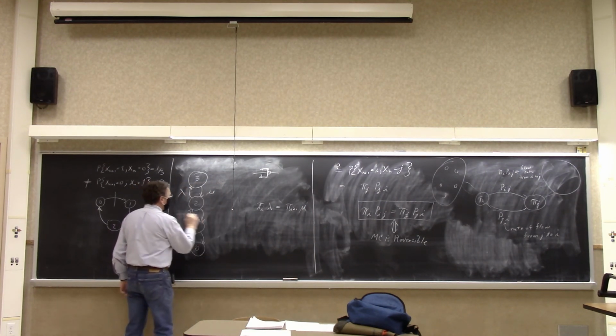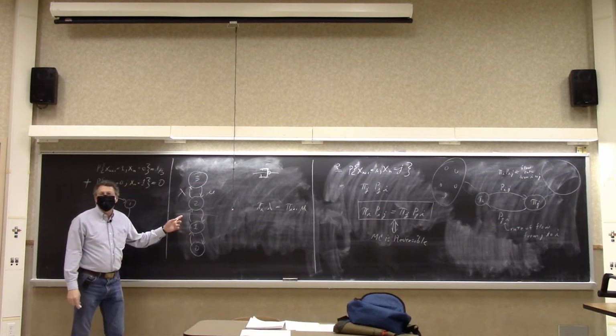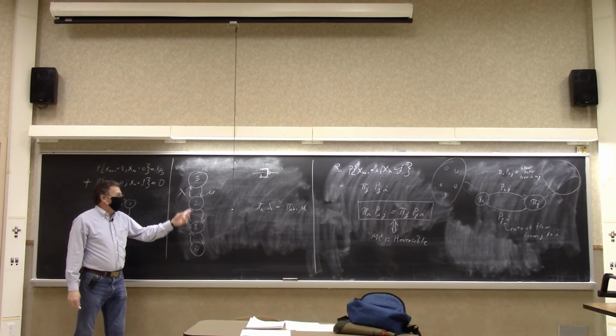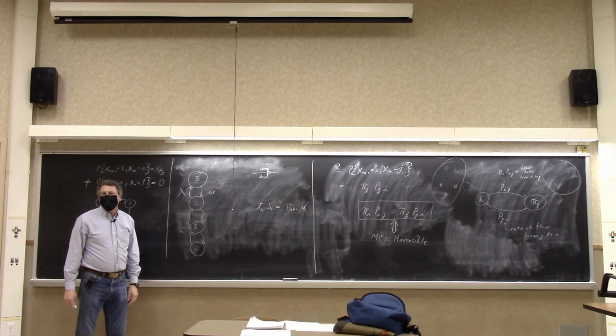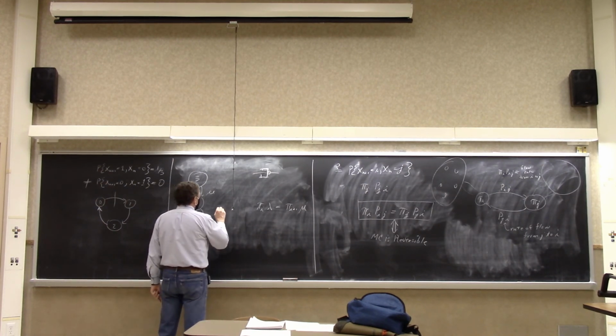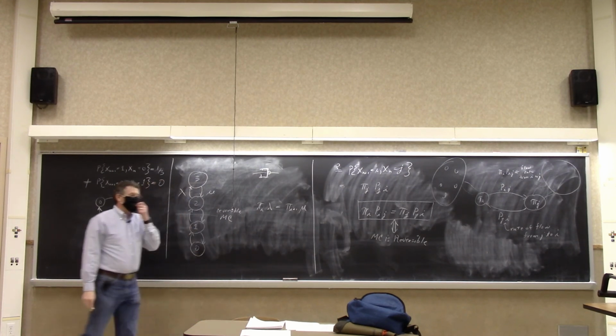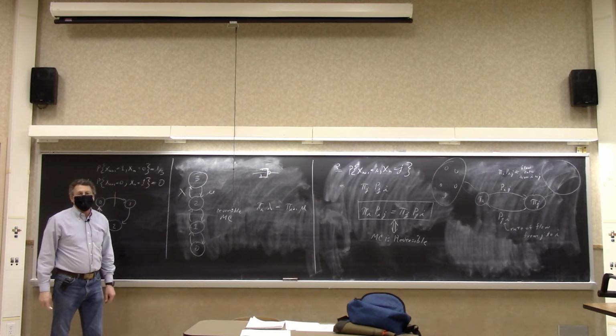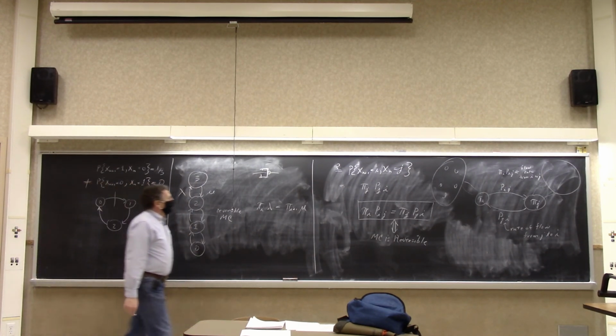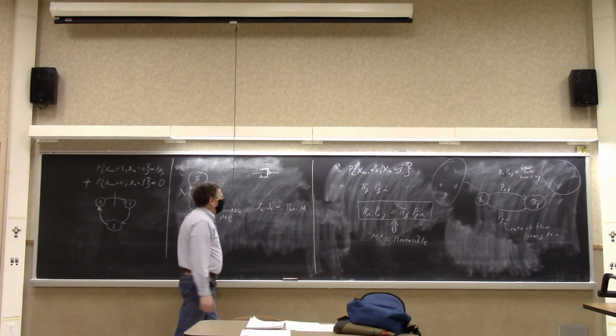Because this is a reversible Markov chain, because if I cut it here, it's got to be balanced when it's in steady state. So this is a reversible Markov chain. Since this is a reversible Markov chain, it's got to meet the detailed balance equations.